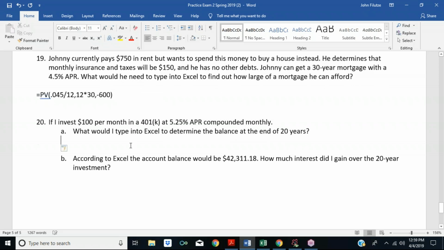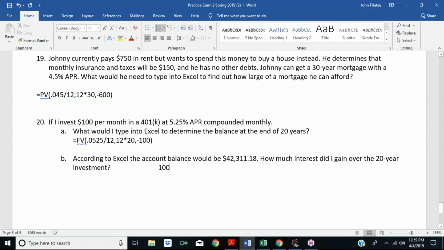And the last question is about the investments, and that's the equals FV. And then same idea, the interest rate divided by 12, and then 12 times the number of years, and then negative the amount that's getting put in. And then this question is like that previous one about the interest.